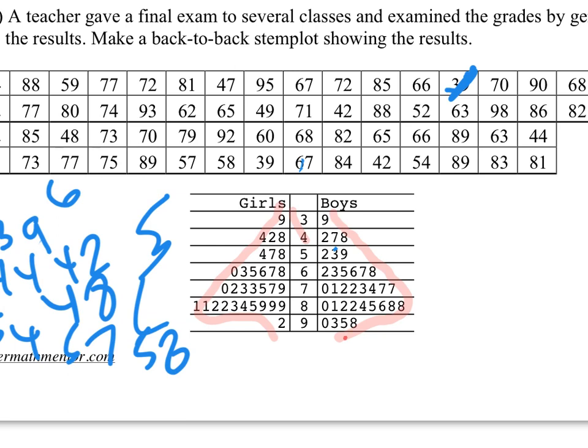But I'd have to count each of these up to see. Let's look between 80 and 90, or go from just the 70s and above. Which class had more pass? So you could do that. What else could you do? You could look at the data.